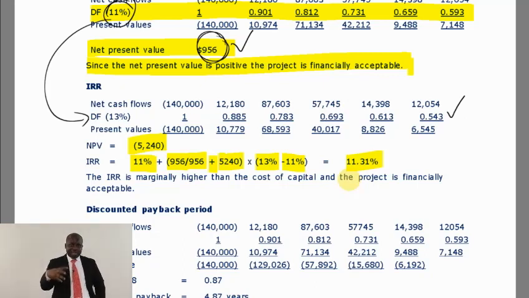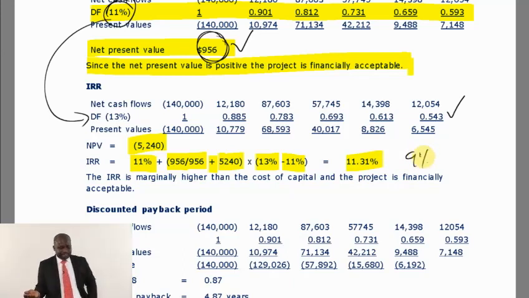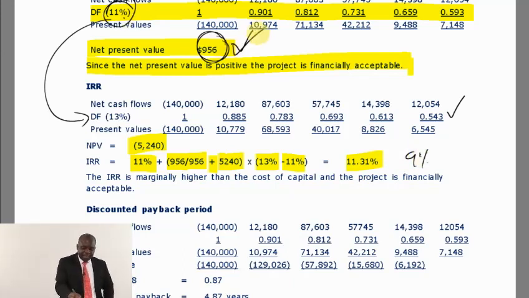So if you have understood the mechanism, the internal rate of return is the maximum cost of capital. So any cost of capital which is less than the internal rate of return, the NPV will be positive. If you know that mechanism, you cannot calculate the internal rate of return and get, let's say, 9% here. I won't accept it because 11% gave me a positive.